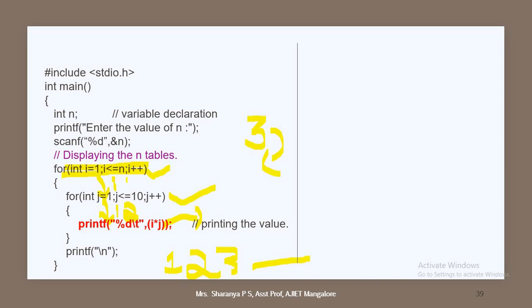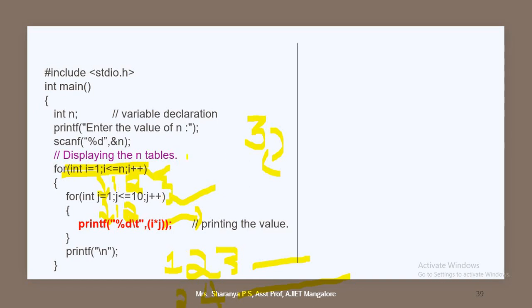For the next iteration, the value of I is incremented. Now the I value will be 2. With 2 it comes inside, so 2 into the j value 1, then 2 into 2 is 4, and like this it keeps displaying the 2's table. Then one more iteration runs with the value 3 as the I value.